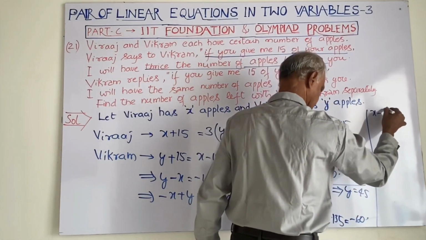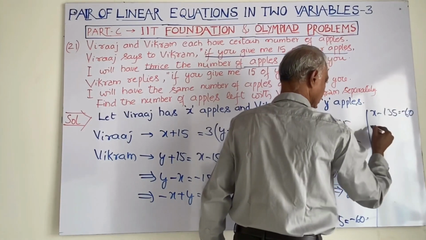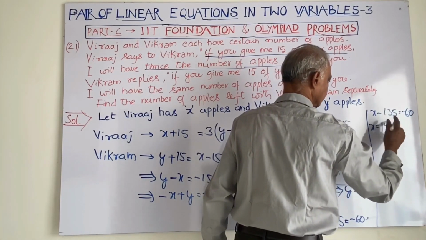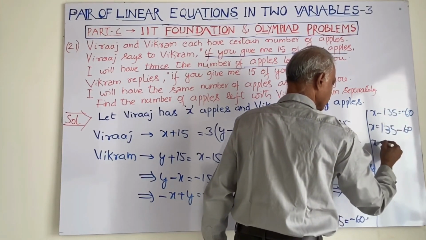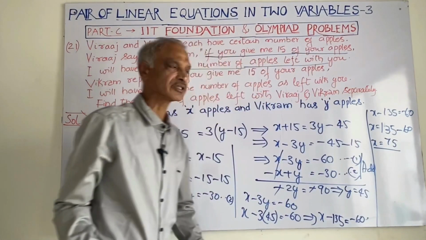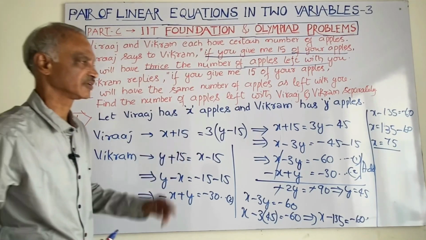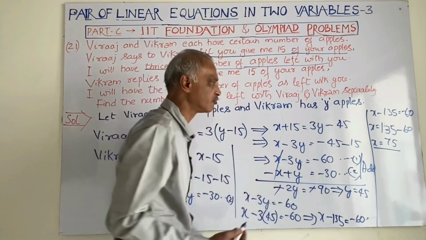X minus 135 is equal to minus 60. X is equal to 135 minus 60. You will get 13 minus 6, 7, so 75. X is equal to 75 and Y is equal to 45.